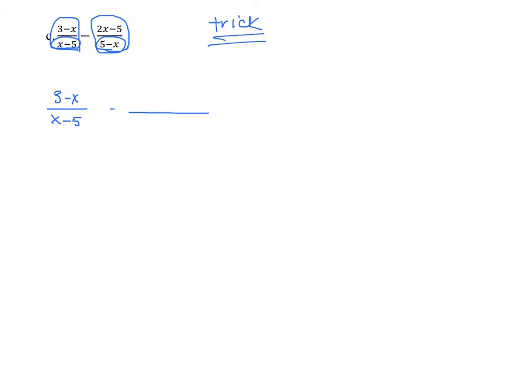And from the second guy, I'm going to factor out a -1 in the denominator. So I'll get 3 minus x. And the cool thing is, I'm subtracting a negative, which gives me a positive in between. Awesome. And I can just get rid of that -1.